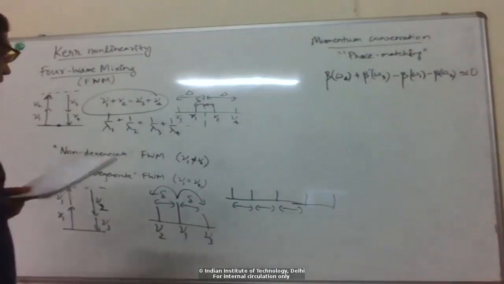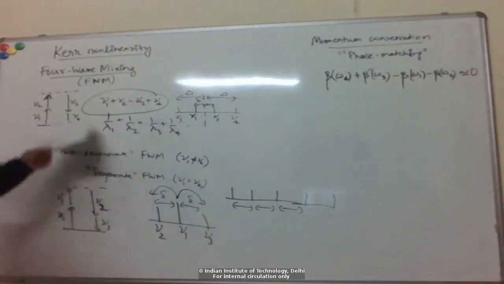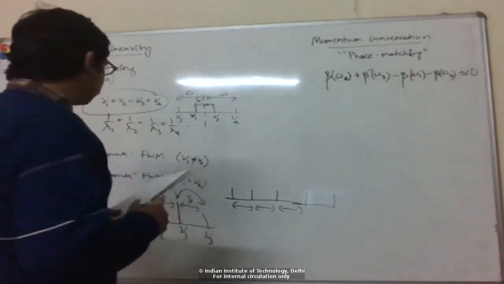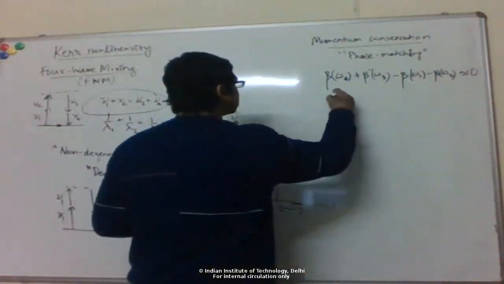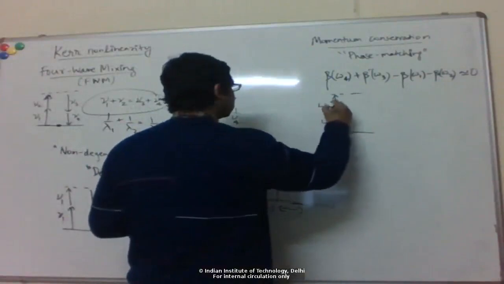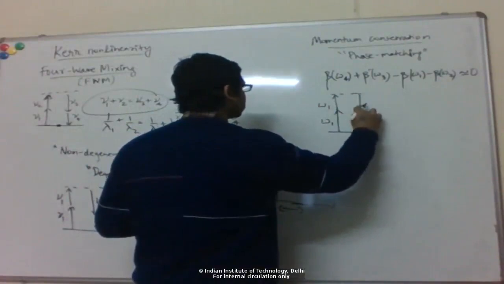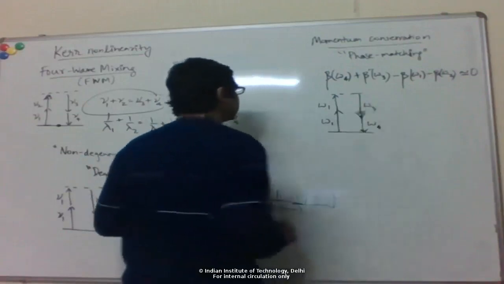depends on. So let's take a degenerate case, because typically this is more efficient than this non-degenerate process. Okay, so for the degenerate process, I can write omega 1 and then omega 3 and omega 4, like that.